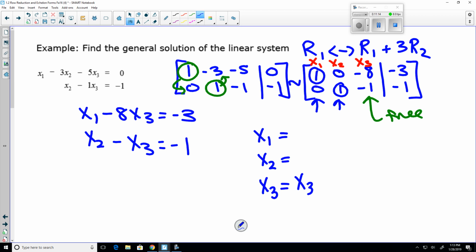I just like to say it's equal to itself, or you could say it's free. Either one's okay. The other two, I'm going to use these two equations. I'm going to solve them for x1 and x2 in terms of that free variable. So I'm going to move this negative 8x3 to the right side. So this is 8x3 minus 3. Same thing for the second equation, x3 minus 1, just like that.